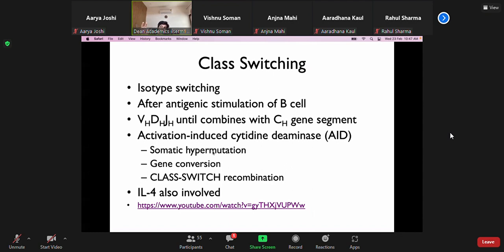The cytokine which is responsible for making this happen is TGF-beta, right? So now, based on these possibilities, you can try to rewire your immune system in a way that you can either produce IgG type of antibodies or IgA type of antibodies, right?